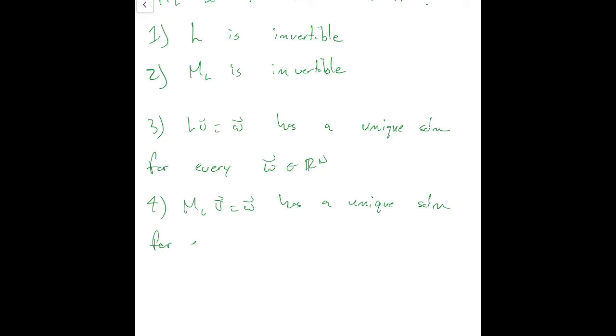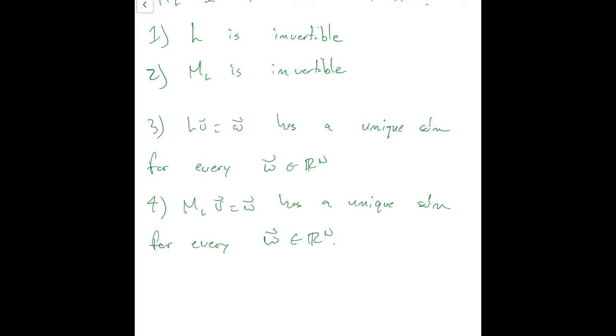And why is this true? This is true because if L is injective, the columns of M sub L are linearly independent. If it's surjective, the columns of M sub L are a spanning set. So in other words, we can row reduce M sub L to the identity matrix. So we can compute its inverse that way.